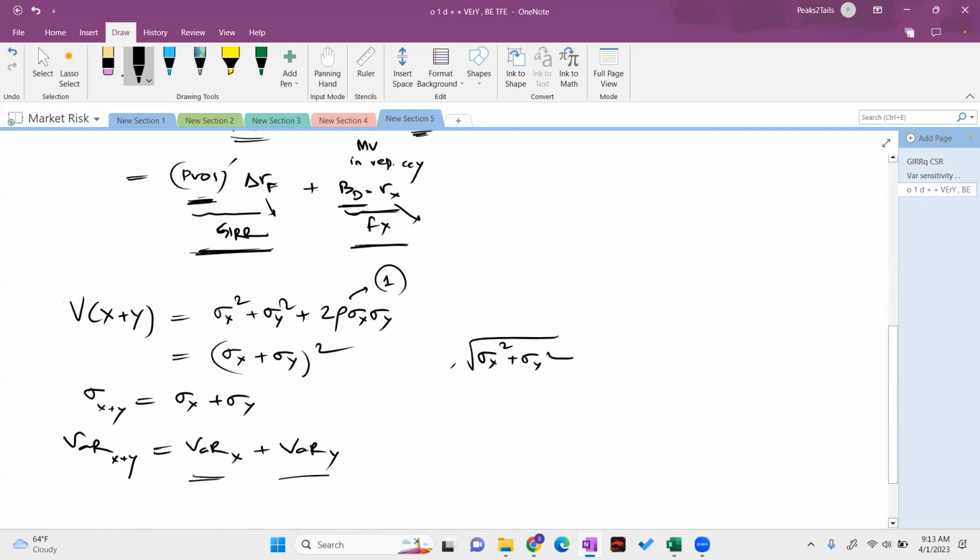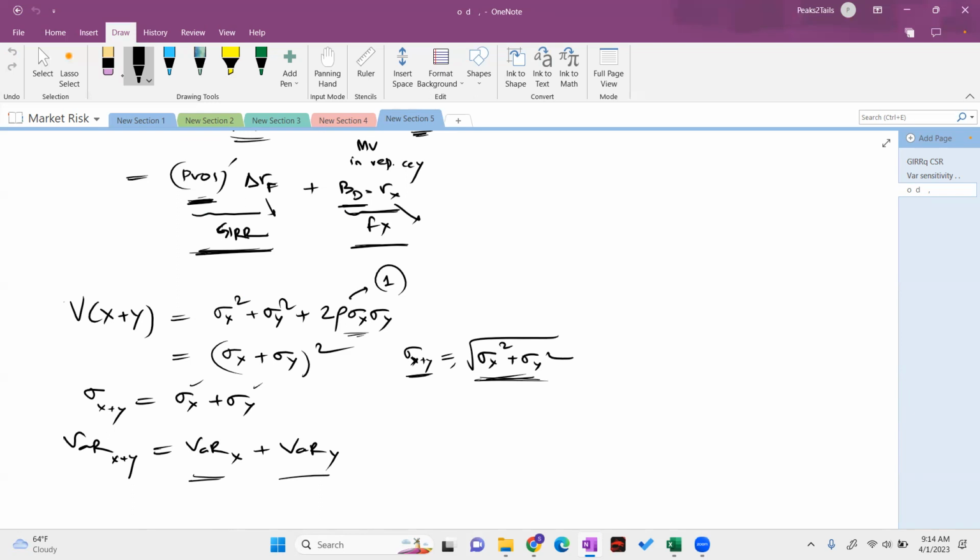Now, that is my sigma x plus y. This is less than sigma x plus sigma y, because these are positive and we are skipping this term. So you get some diversification benefit with correlation 0. But I'm saying if you add capital charges individually, then it's actually correlation 1. Okay, just being conservative.